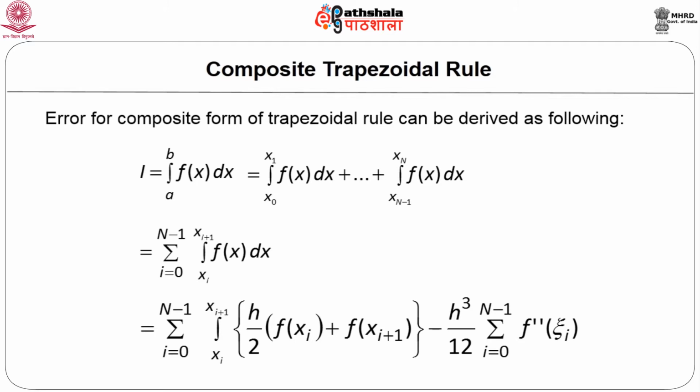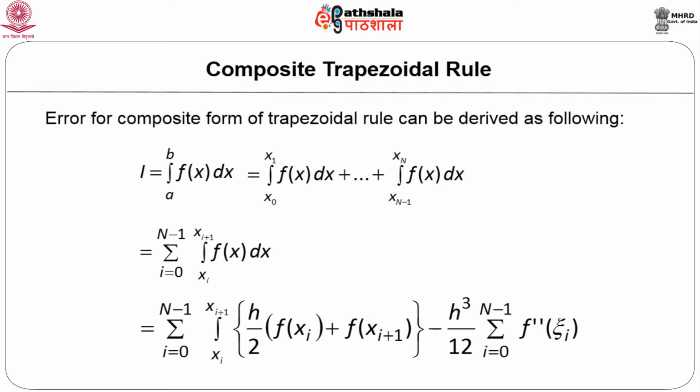So the error terms will get summed. The combined error term for the composite form will be the sigma i equal to 0 to n minus 1 of the second derivative of f at the point xi i, and outside the summation sign we get minus h cube by 12.